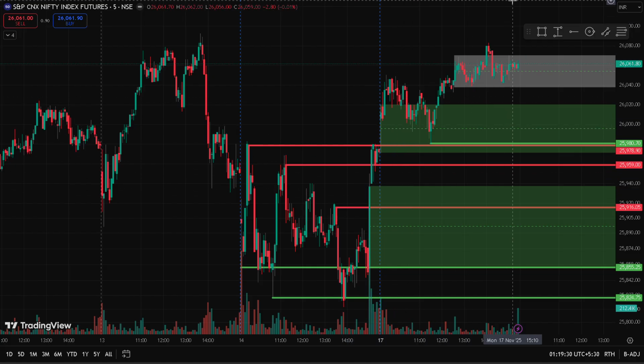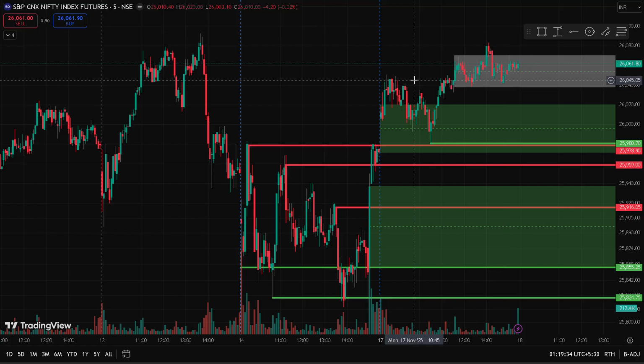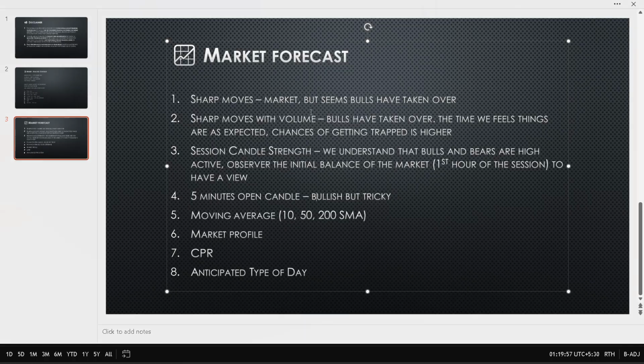If the market moves up, and there is any kind of setup that says that a reversal is going to come, then let's go for the bear side instead of the bull side. So the market tomorrow will be a tricky one, and obviously due to the expiry of Nifty 50, tomorrow the market has a good opportunity to trap the retail players.